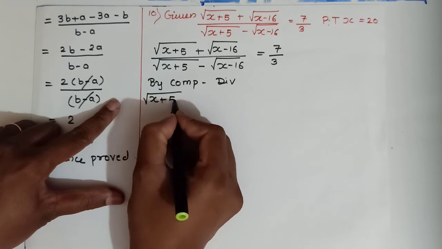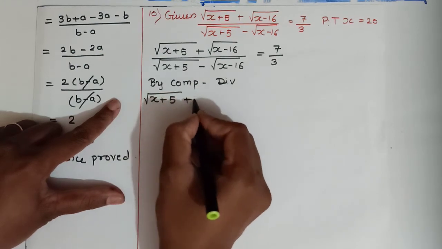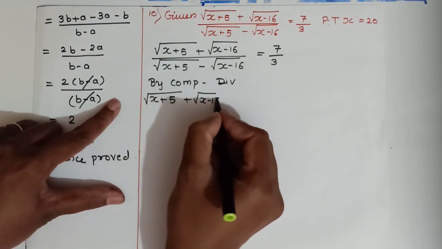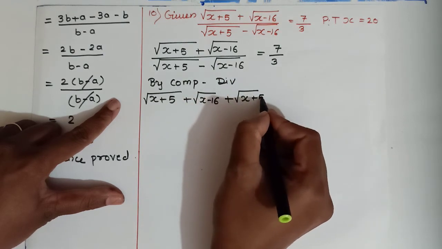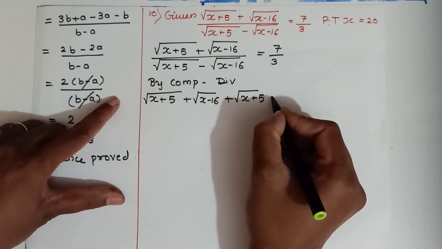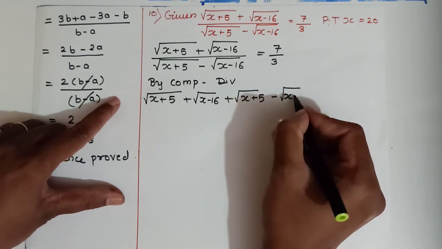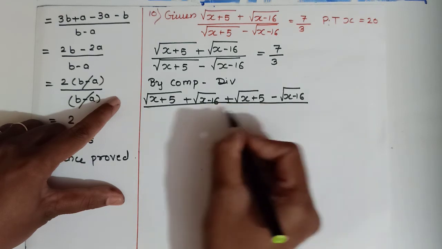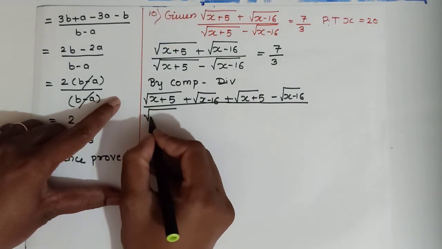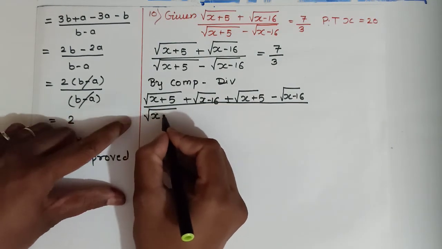So by componendo dividendo, you look children, it's very simple. Automatically the terms are getting eliminated. In the numerator, x minus 16 plus under root x plus 5 minus under root x minus 16. But sometimes we are not even trying, that's why we find it difficult.